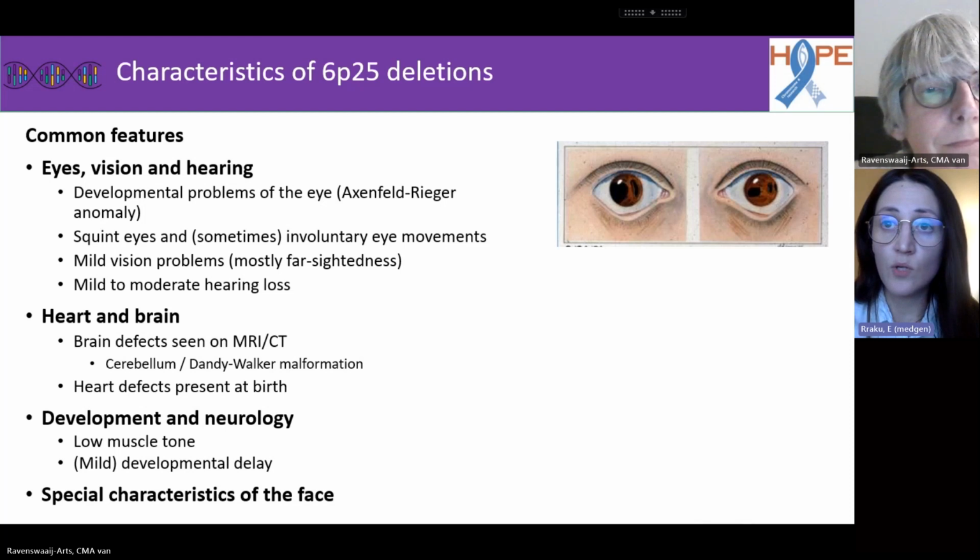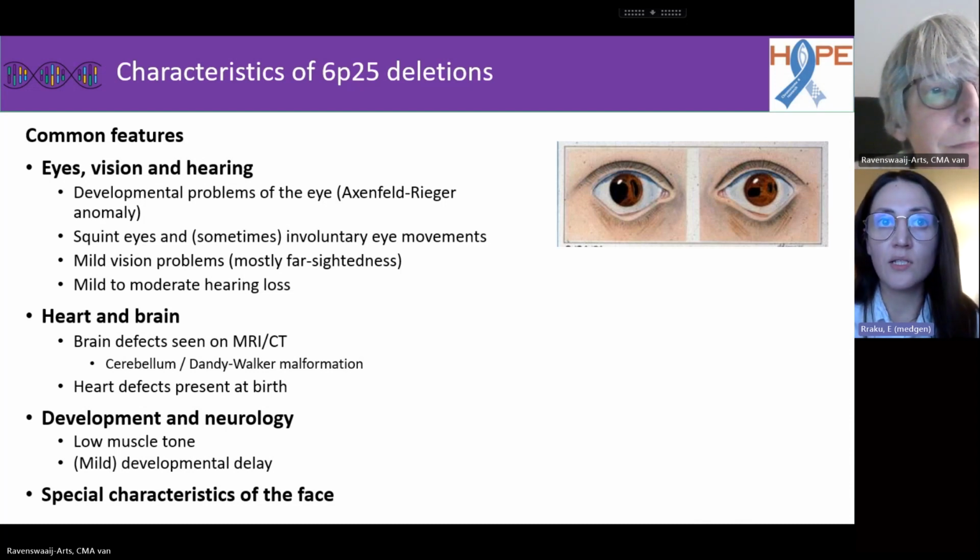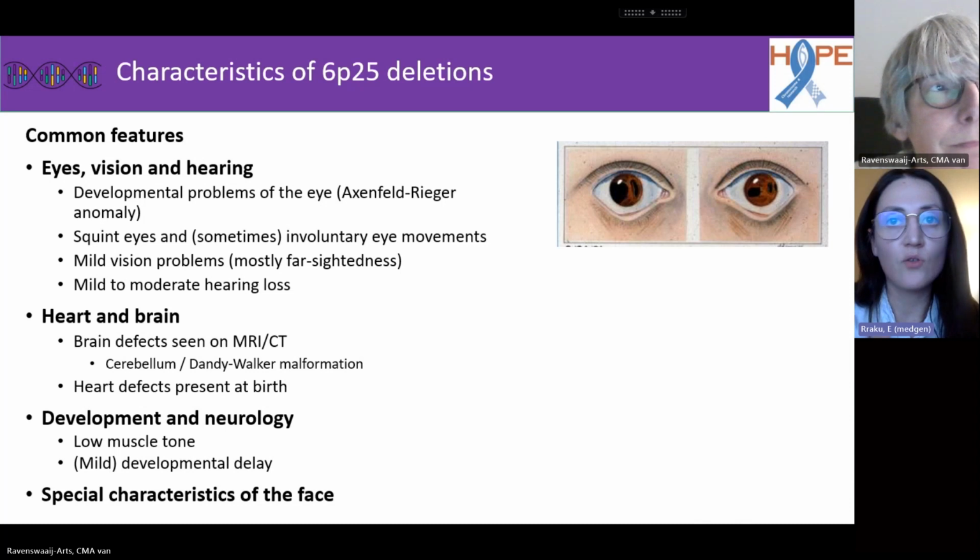Some of these problems you can see easily from the outside, such as in this image here, where you can see that the black colored part of the eye is not developed properly, or it is split in multiple parts, or it is displaced. But certain variations of Axenfeld-Rieger might require a special eye exam to identify.